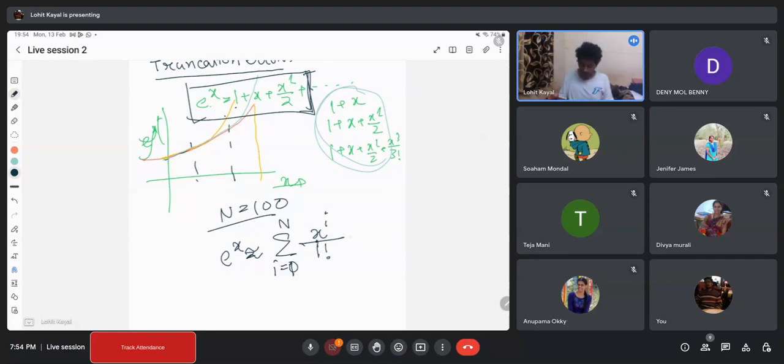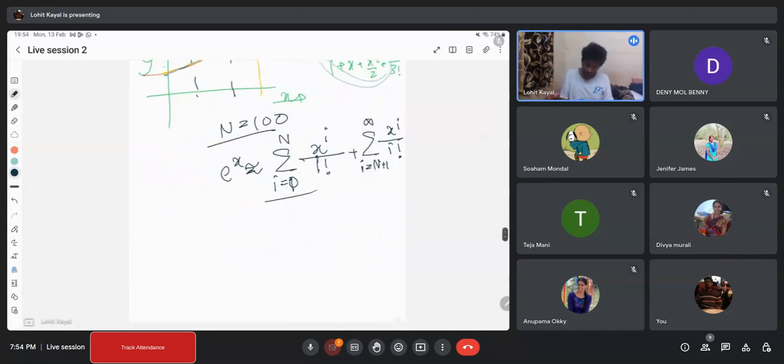Then there will be some other terms left. That will be the sum for i equal to n plus 1 to infinity of x to the power i by factorial of i. So I am telling the computer that I want to stop here. I don't need any of this.